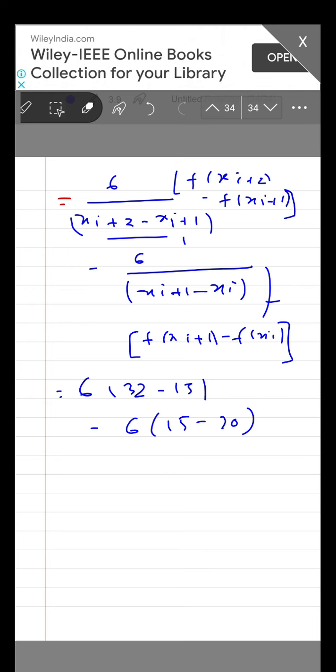So that makes it equal to 192. So this is the first value.